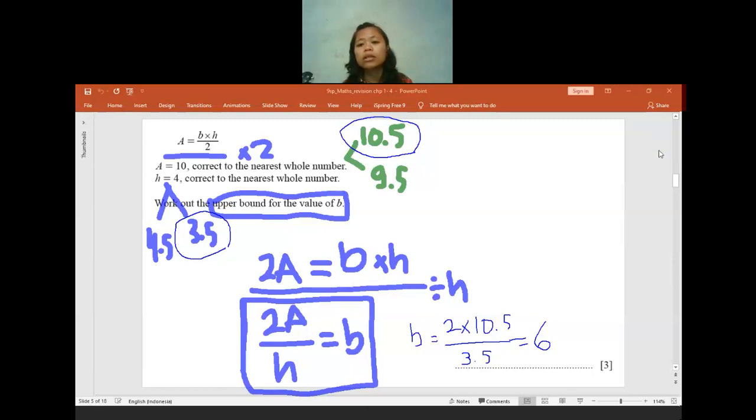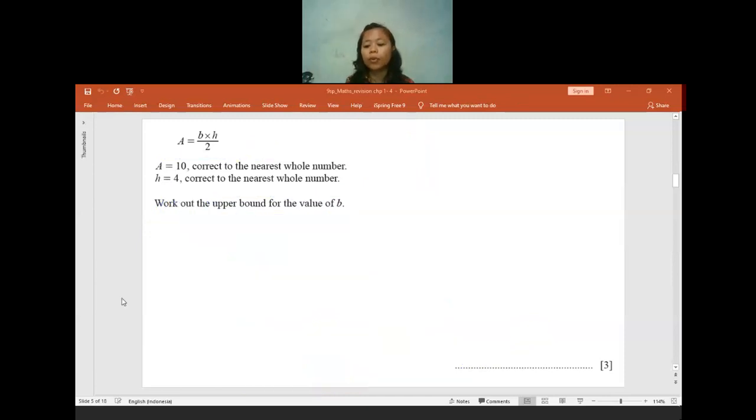Is there anyone still confused? Please let me know if you are confused. The chapter wise test will be tomorrow. I will be marking your chapter wise test.